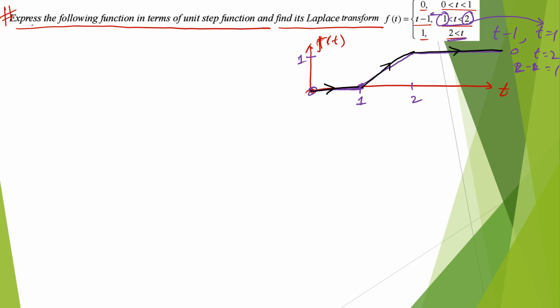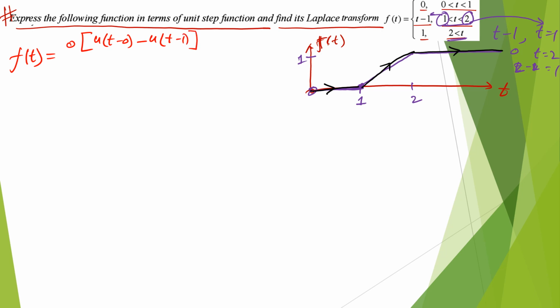Now we have to find the Laplace transform. First we have to express this function in terms of unit step function. So f(t) is equal to 0 into u(t minus 0) minus u(t minus 1).